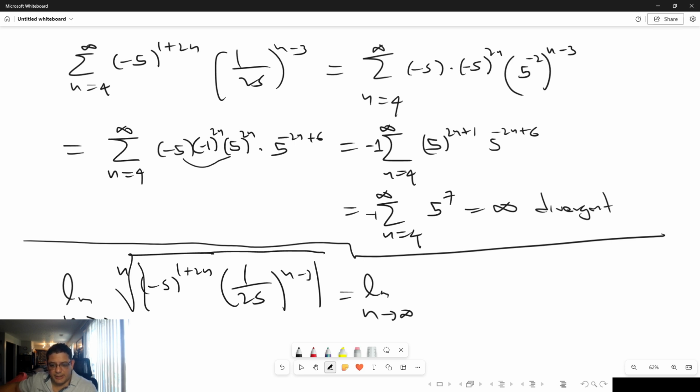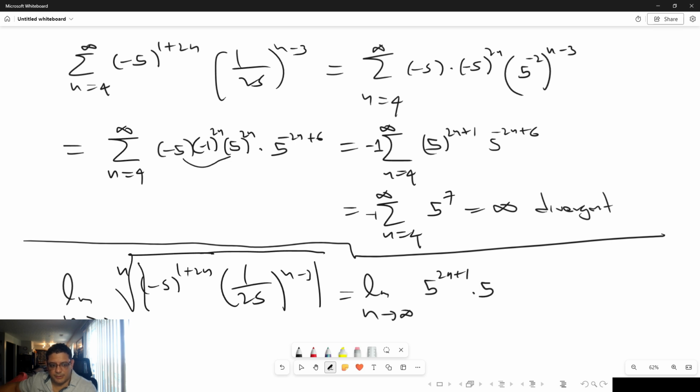So the real thing, I can just think of this as 5 to the 2n plus 1, and then I can do something very similar to what I did before.